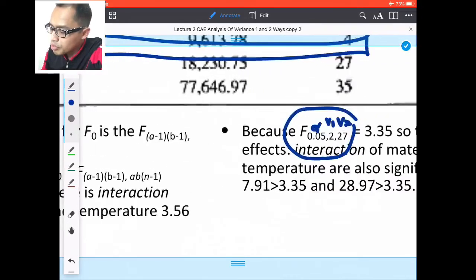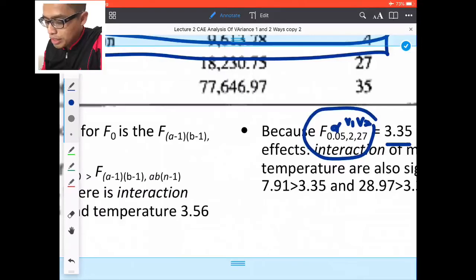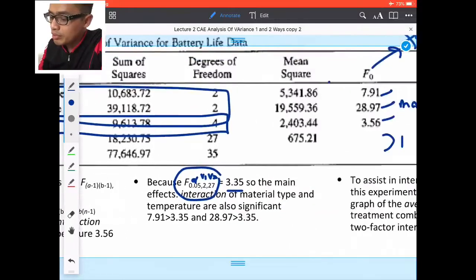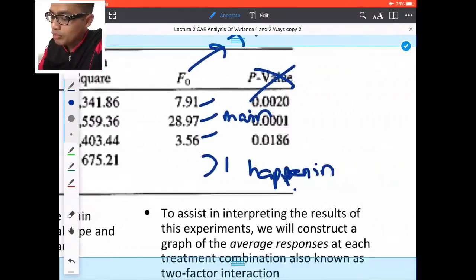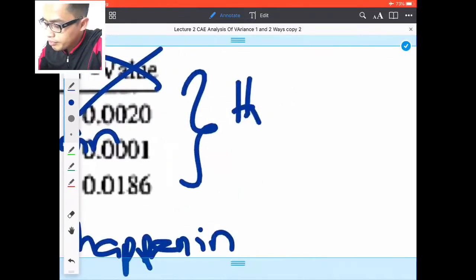So if you're still not sure how to find this, you will see this in the tutorial session. Yeah, so all these results, 3.35 as well as 2.73, they are all less than the one that you get from the F0. That means all of these are H1 accept.